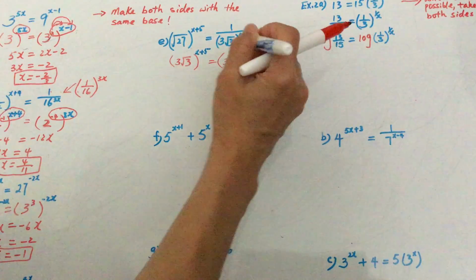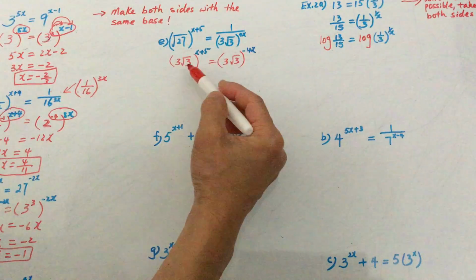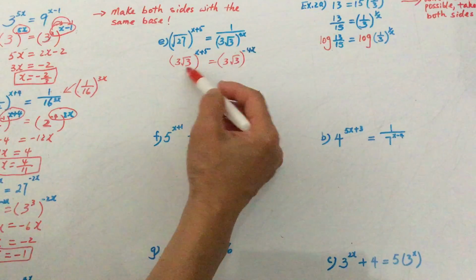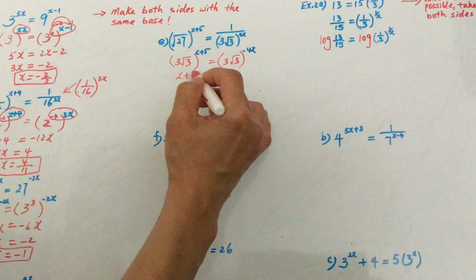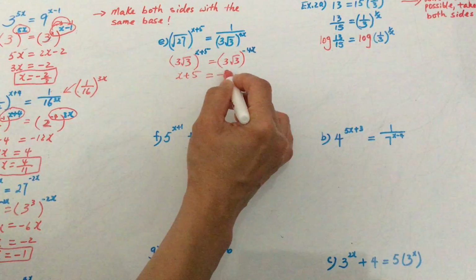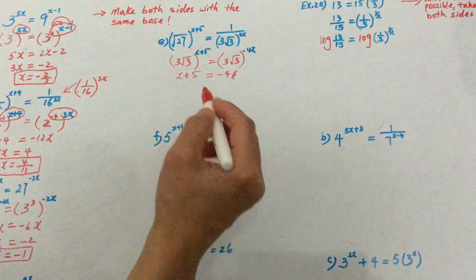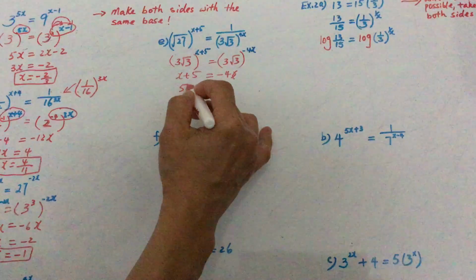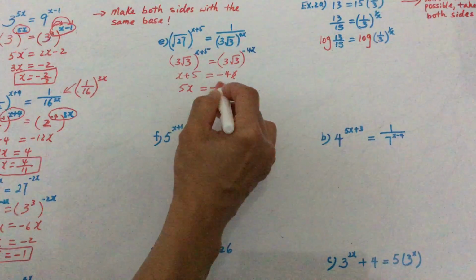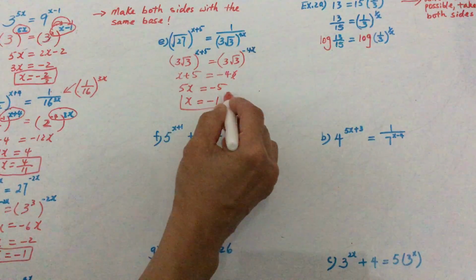With the extra negative, that makes it a 1 over. Okay, so that is how quickly I can turn both sides into the same base. So now I can say the exponent x plus 5 is equal to minus 4x. Okay, and so when you rearrange everything, you will have 5x equal to negative 5. So x must be equal to negative 1.